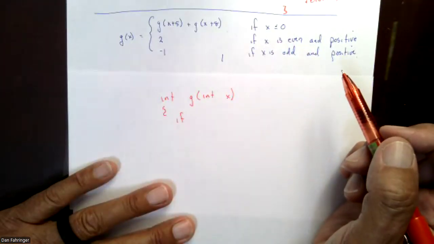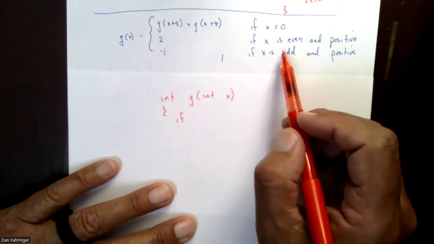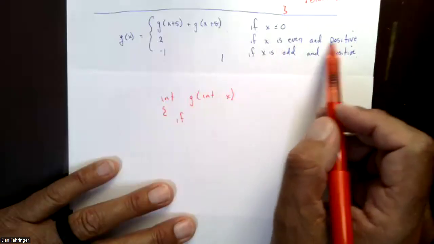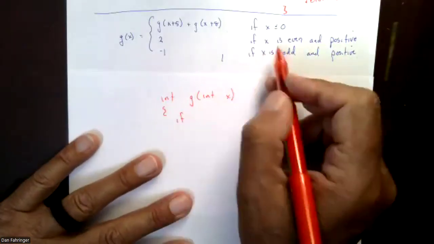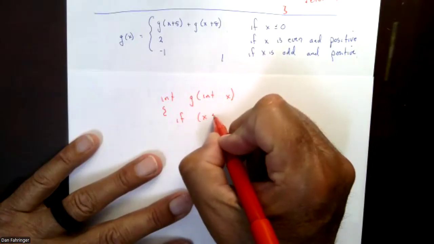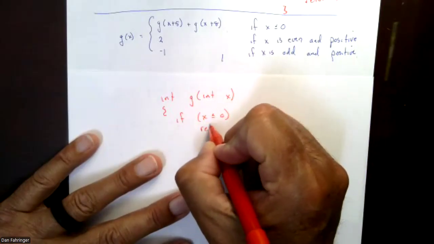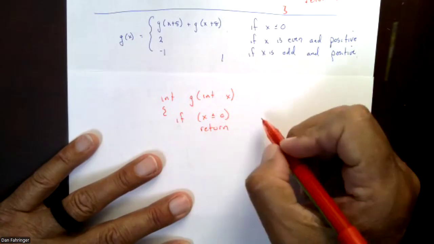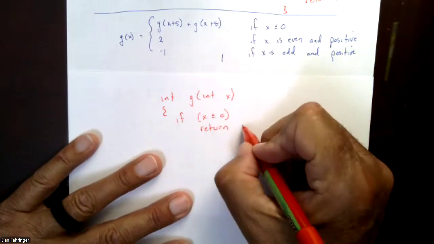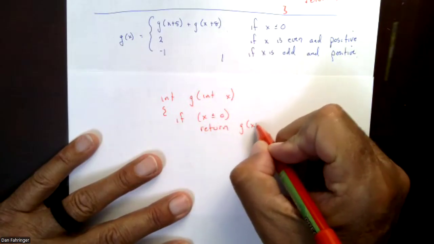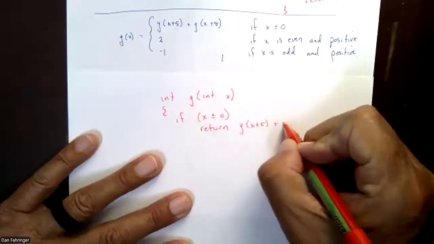Okay? If x is less than or equal to 0, return just what's there, right? G of x plus 5 plus g of x plus 8. Yeah.